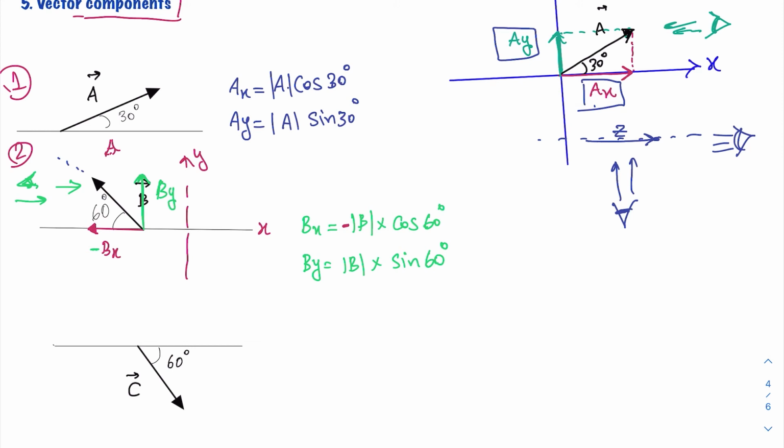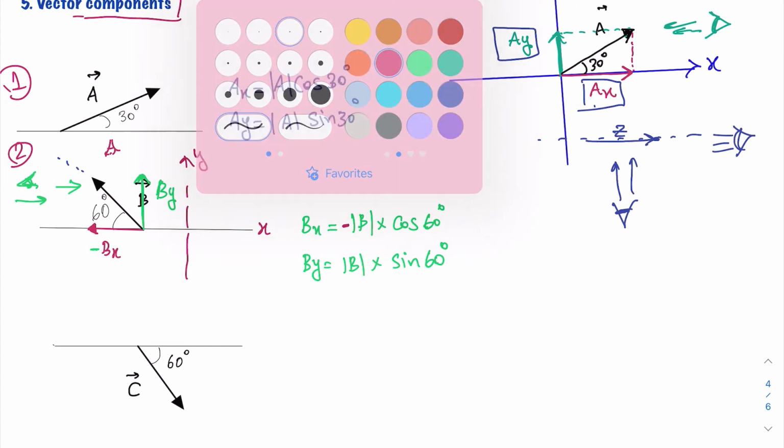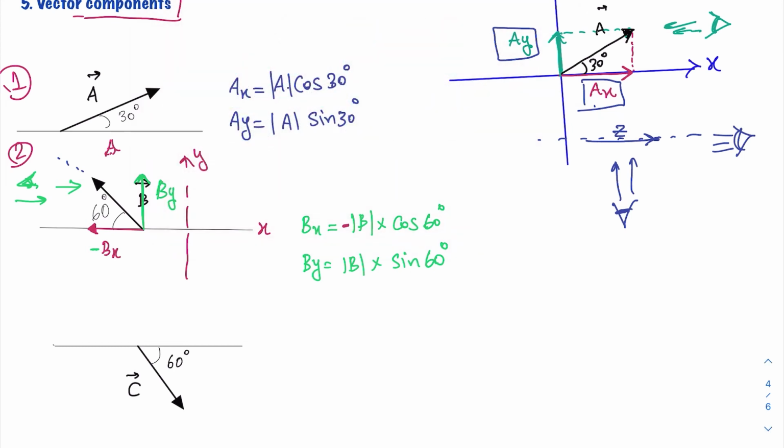If we want to be sure about the negative and positive here, if we have doubt and if we want to make sure that everything goes well without concern about whether I should put negative or positive, we need to measure the angle from the zero, and the zero begins from here.